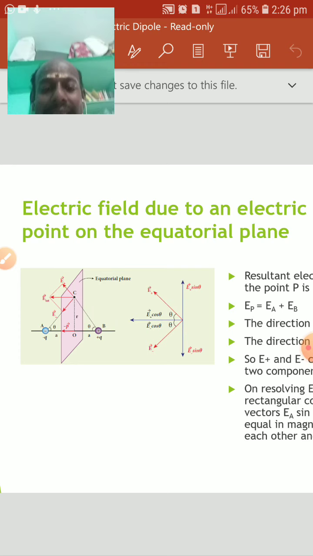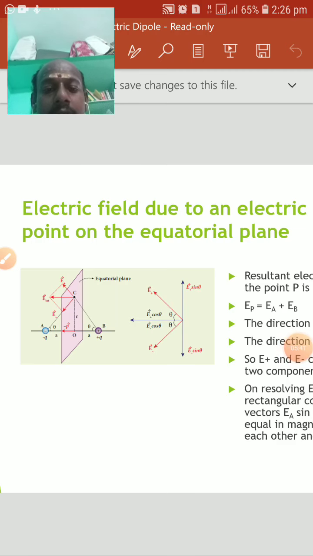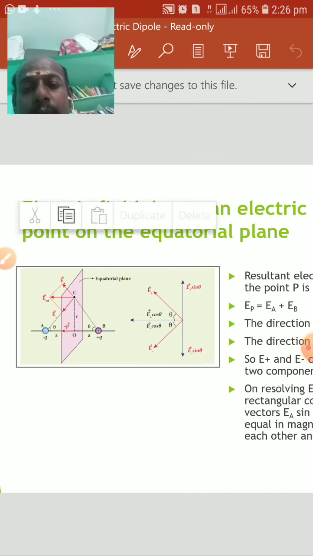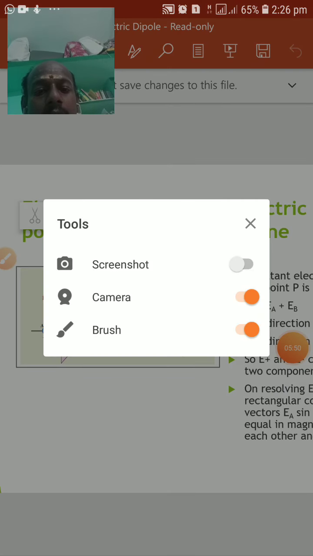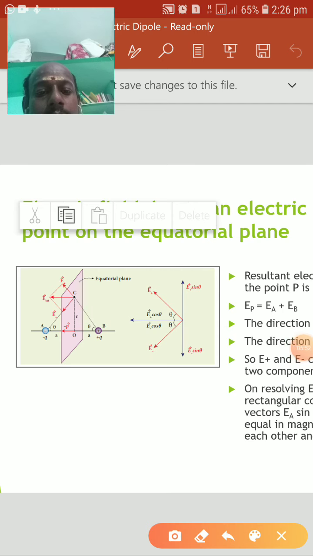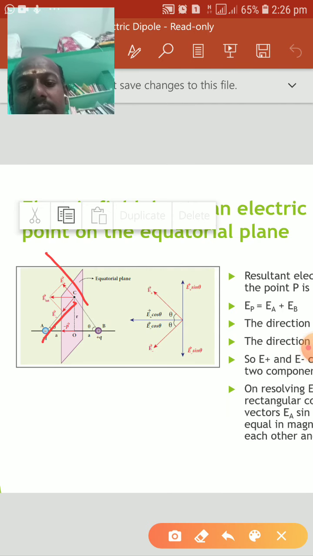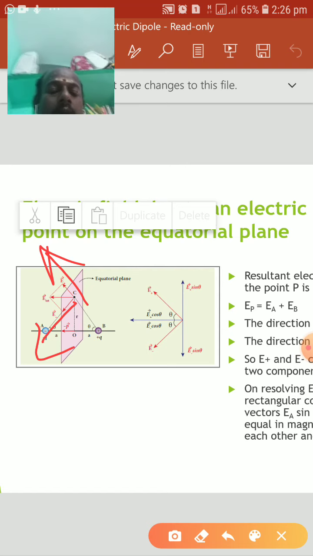So for E_C, due to the positive charge it will be moving towards this direction, and for minus q, this will be moving towards this direction. So this is what I am mentioning here, and I will show you through this one.